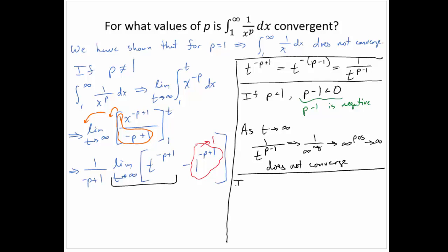Now, what if p is greater than 1? If p is greater than 1, then p minus 1 would be greater than 0. And so understand again, what does this say? If p minus 1 is greater than 0, now p minus 1 is positive.